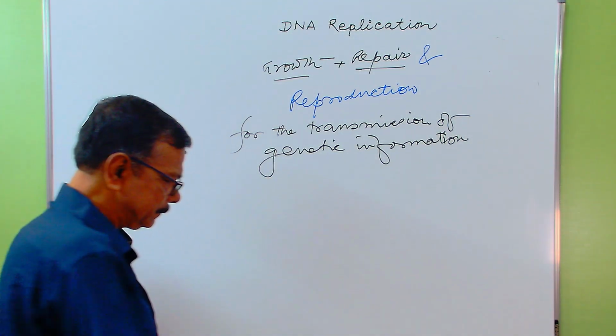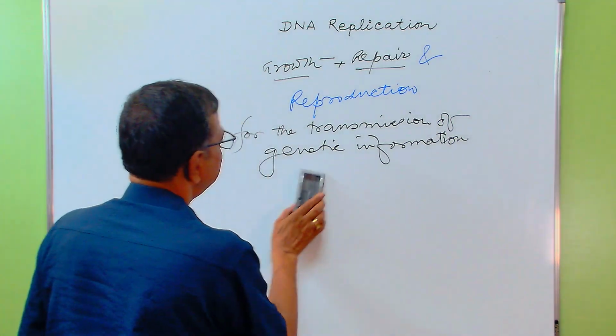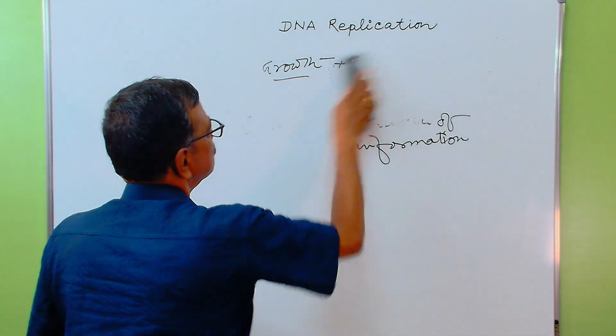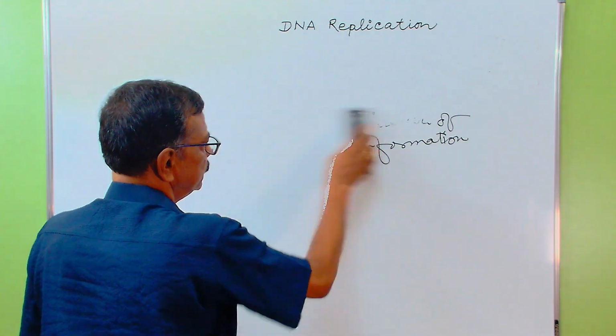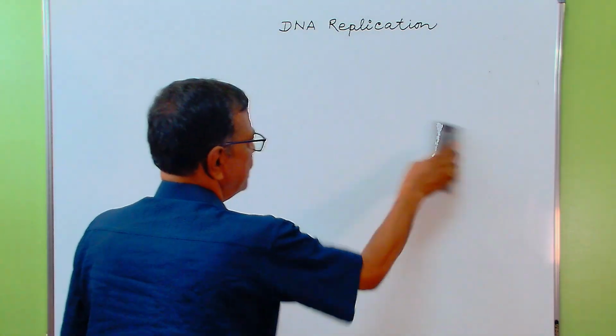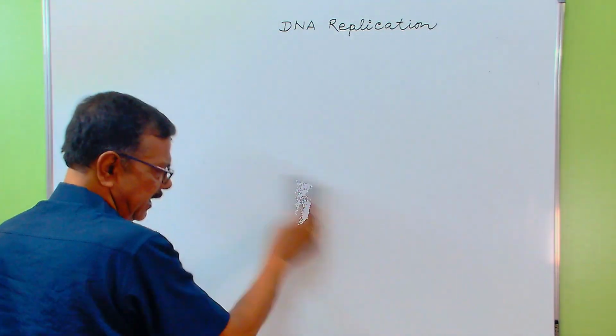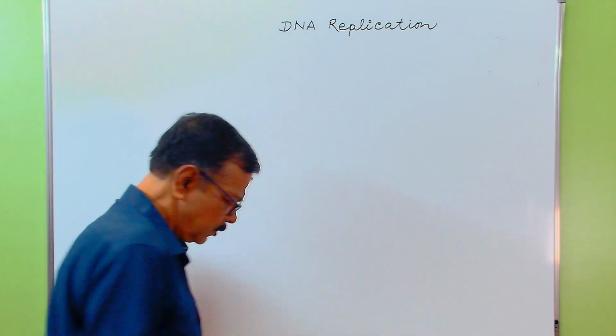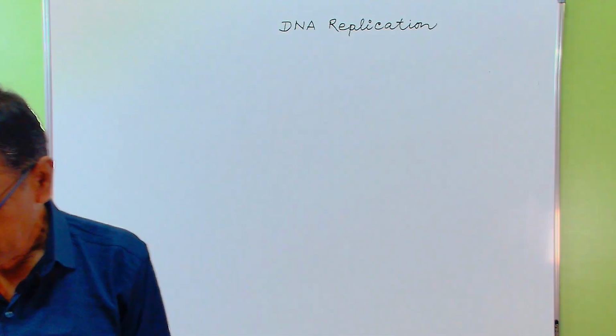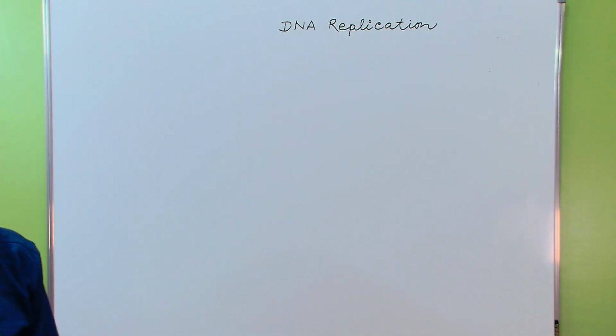How is it done? Suppose DNA is a polymer of several nucleotides joined by sugar-phosphate bonds. We have learned it.